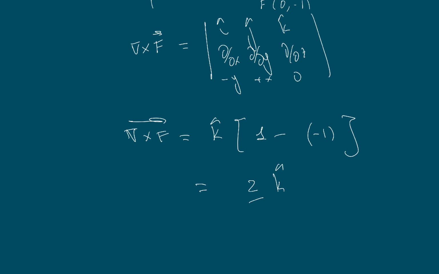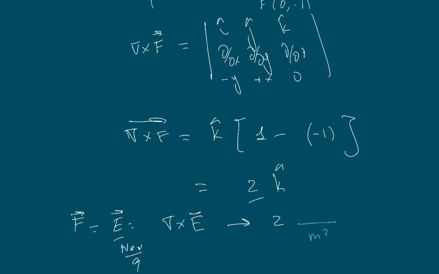Well, let's say that F is an electric field. If F is an electric field, and we are talking about the curl of E, E is in newtons per coulomb, force per unit of charge. So what is the unit of the curl? It is the line integral per unit of area. The area is in square meters.